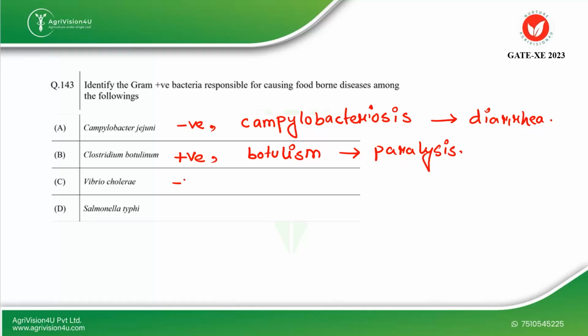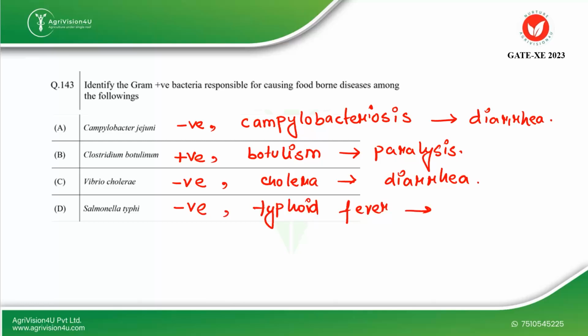It's a gram-negative bacteria and it causes a disease, that is cholera. In severe cases, it can cause diarrhea, nausea. Next, Salmonella typhi. It's a gram-negative bacteria which causes typhoid, systemic infections we can say. So over here they have asked gram-positive, so my correct answer should be option number B.